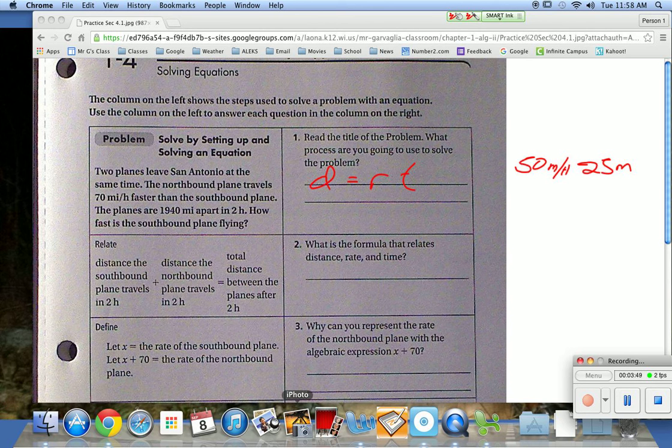Oh, I'm sorry. Yeah, I'm going backwards on this. I drove for 30 minutes. I'm sorry. I drove wrong one. 50 miles per hour.